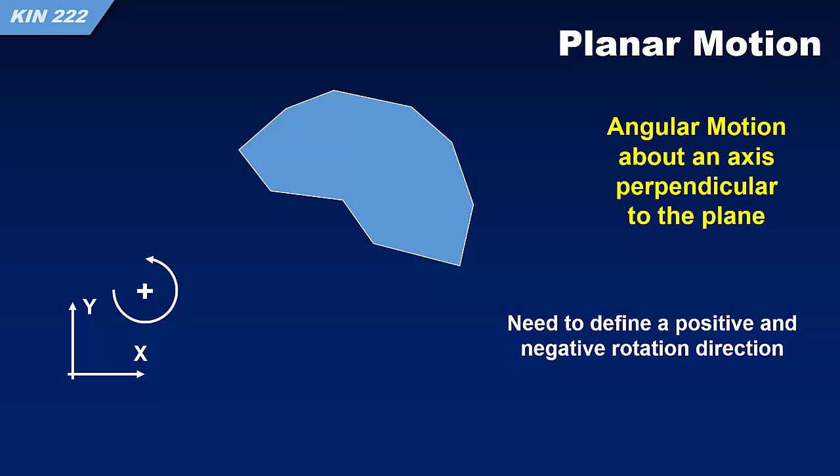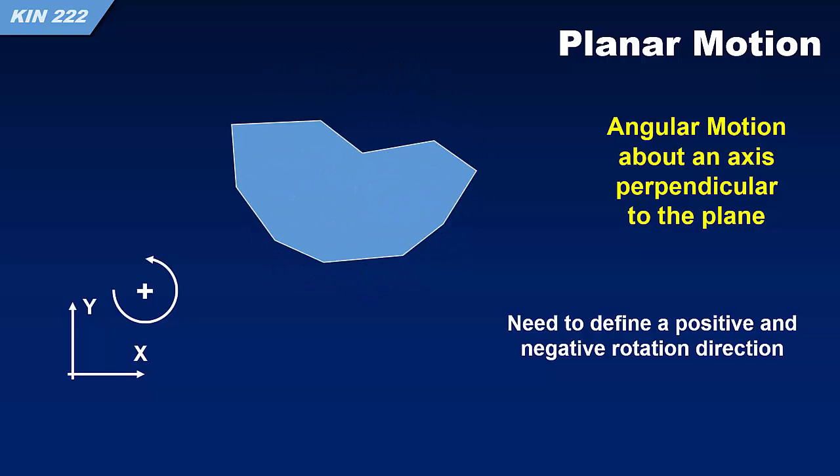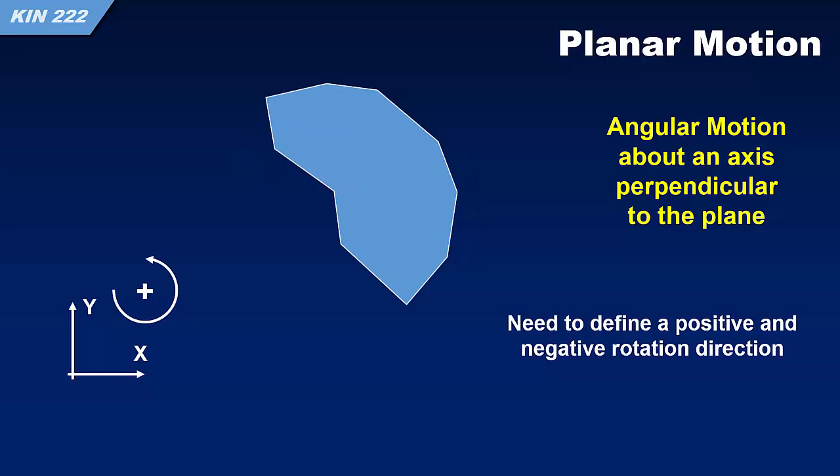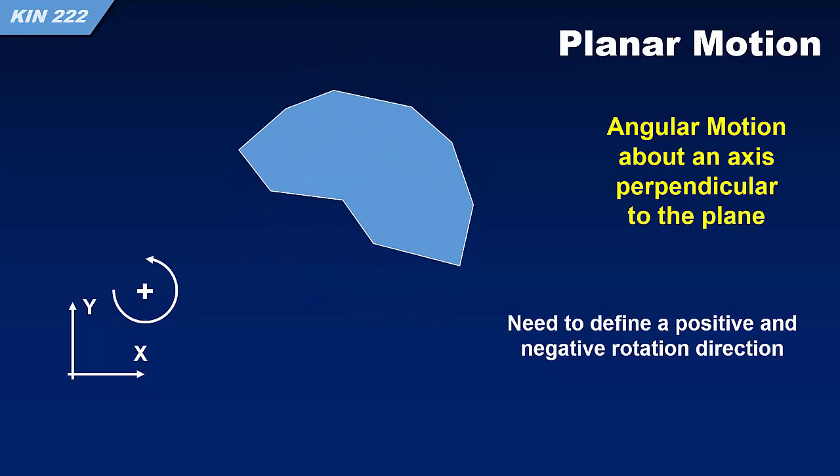So you can see on that arrow, we have a circular arrow with a plus sign in the middle that tells us that rotation in that direction is positive. And like I said, typically it's counterclockwise. It can be whatever you want it to be, as the coordinate systems are arbitrary, but you do have to define it. You have to show it on your coordinate system. So in this case, a positive rotation would look like this, and a negative rotation would look like this.